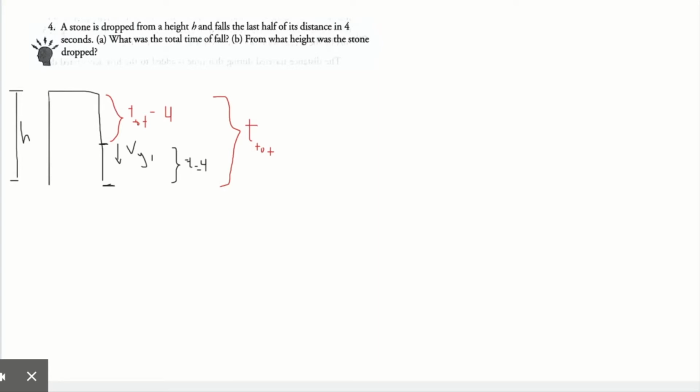We can get the velocity Vy1 really simply with the big 4 number 2. Vy1 equals the initial velocity at the top, which is 0 because you are dropping it, times the time, so we want to use this part of the formula, plus gt.